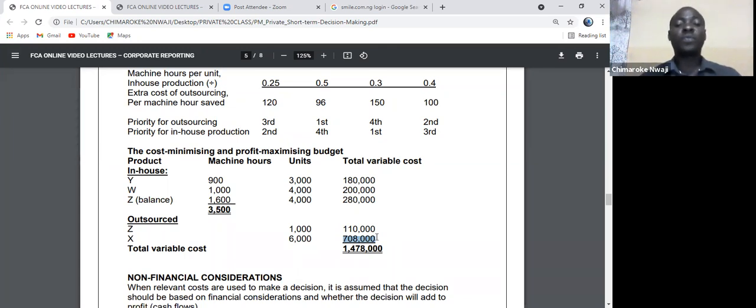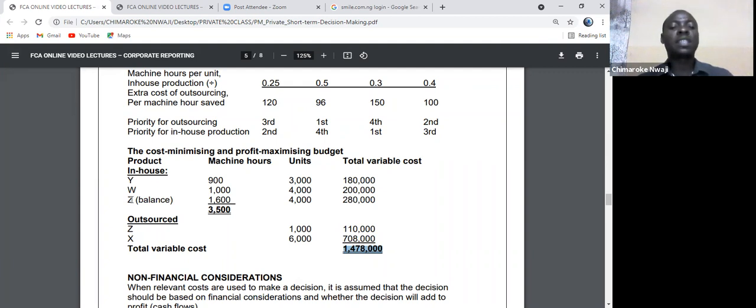So you see, if you do it any other way, your total variable cost will be higher than this. So in the optimal plan, your total variable cost is the cheapest so far. If you are to do it any other way, that's an assignment to you.